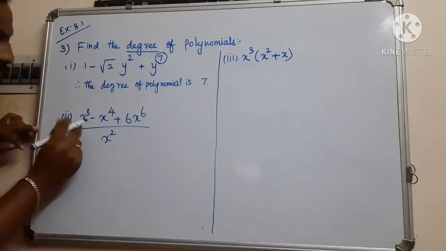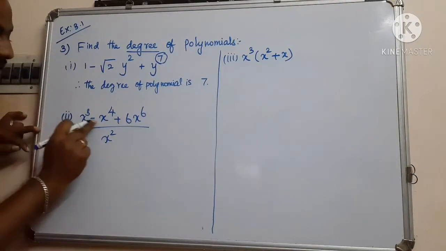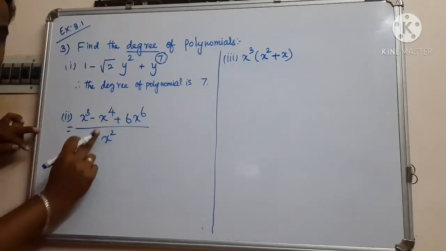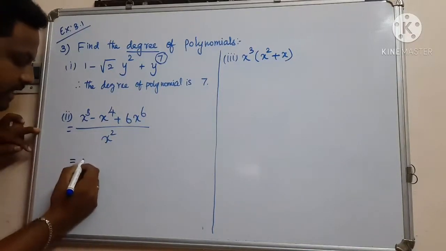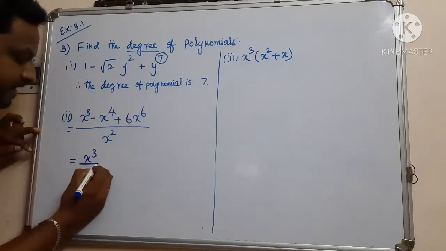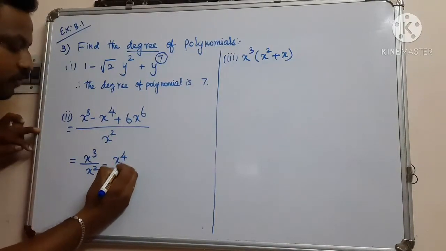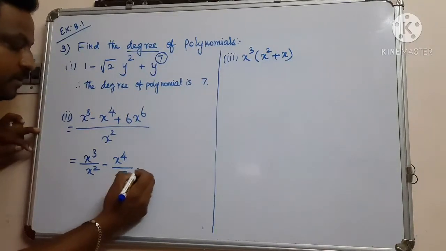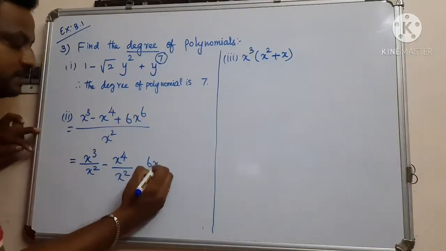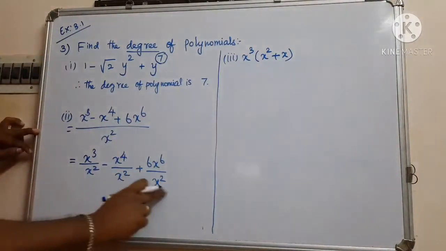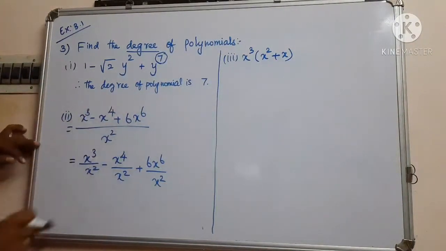So here the given polynomial is x cube minus x power 4 plus 6x power 6. The common denominator is x square. So you have to write x cube divided by x square, minus x power 4 divided by x square, plus 6x power 6 divided by x square, because x square is a common denominator for all the terms.